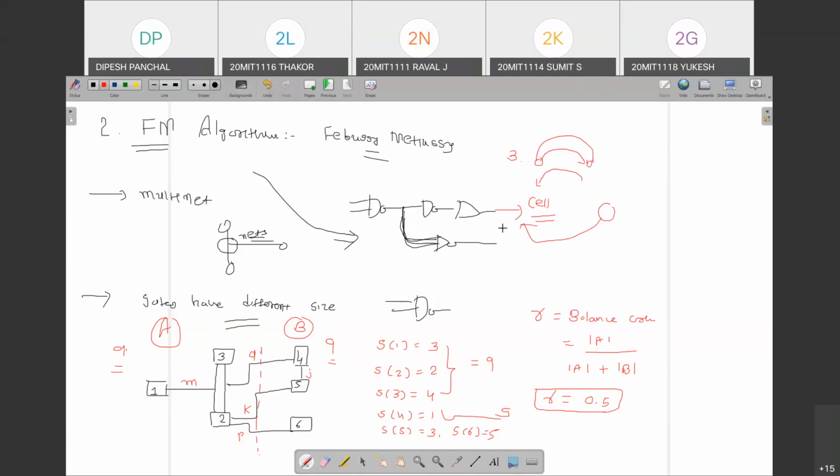So these three important features: it is applicable for multi-net, some balance criteria is given and gates have different sizes, so we have to satisfy the balance criteria, and it works on an individual cell. Cell movement you can allow.